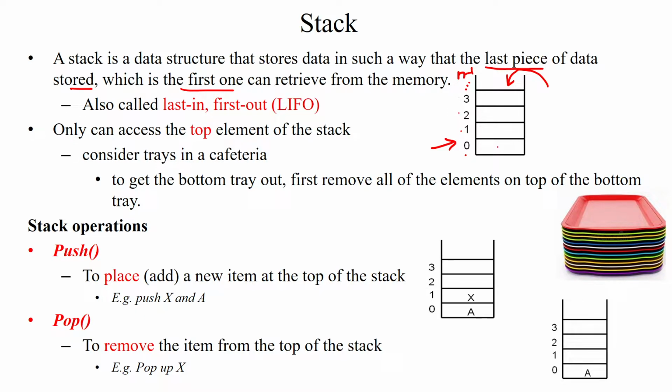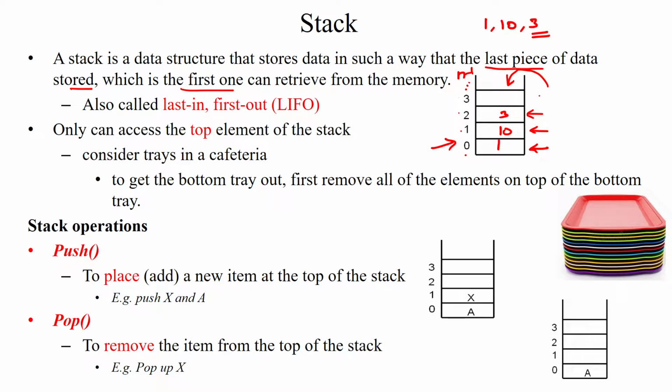For example, if we insert data 1, 10, 3: first we insert 1, second we insert 10, third we insert 3. So the data is inserted in the sequence 1, 10, 3, and the last data inserted is 3.